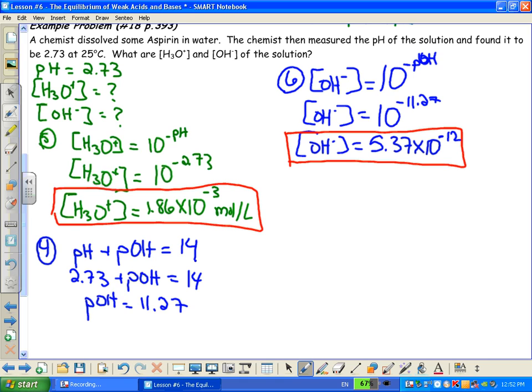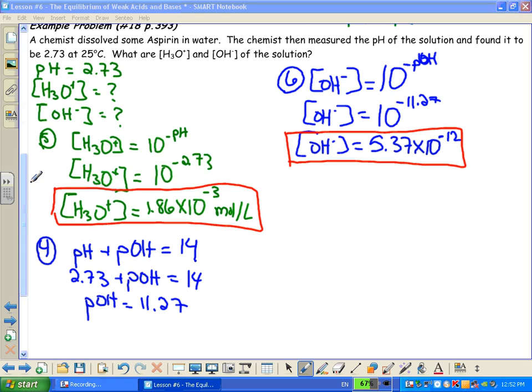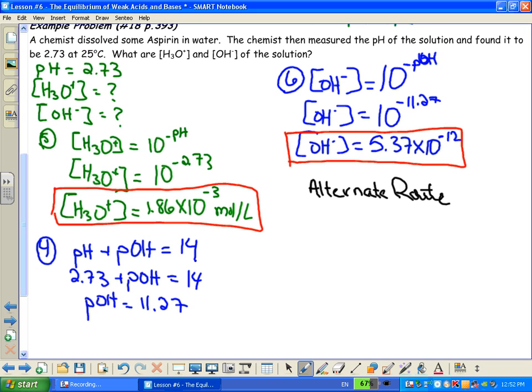Instead of doing equation 4 and 6, just make note that this is an alternate route you could have taken, and if you don't even want to watch this, you can just shut the video off now. An alternate route you could have taken is, as soon as you found equation number 5 and you got your hydronium ions, instead you could have used equation number 1 again, where Kw is equal to the concentration of your hydronium ions multiplied by your hydroxide ions.